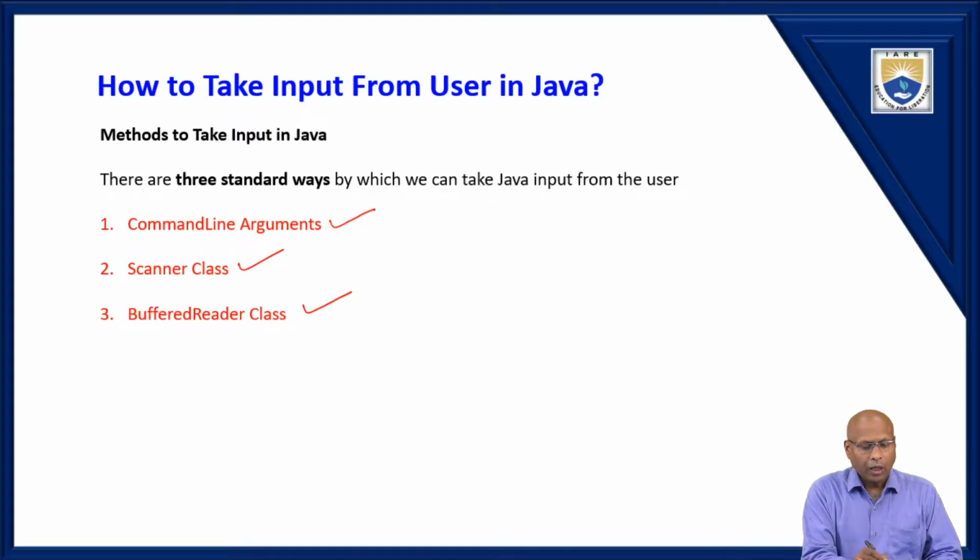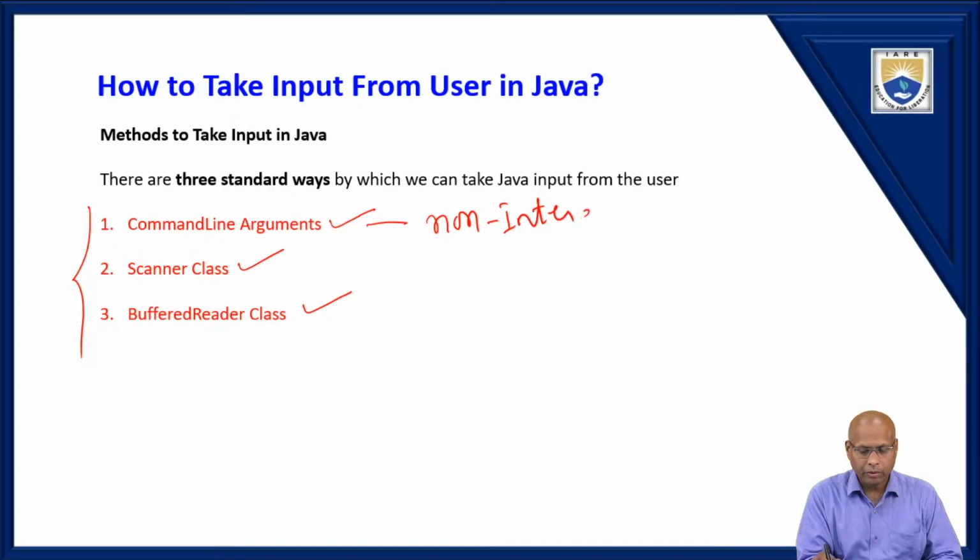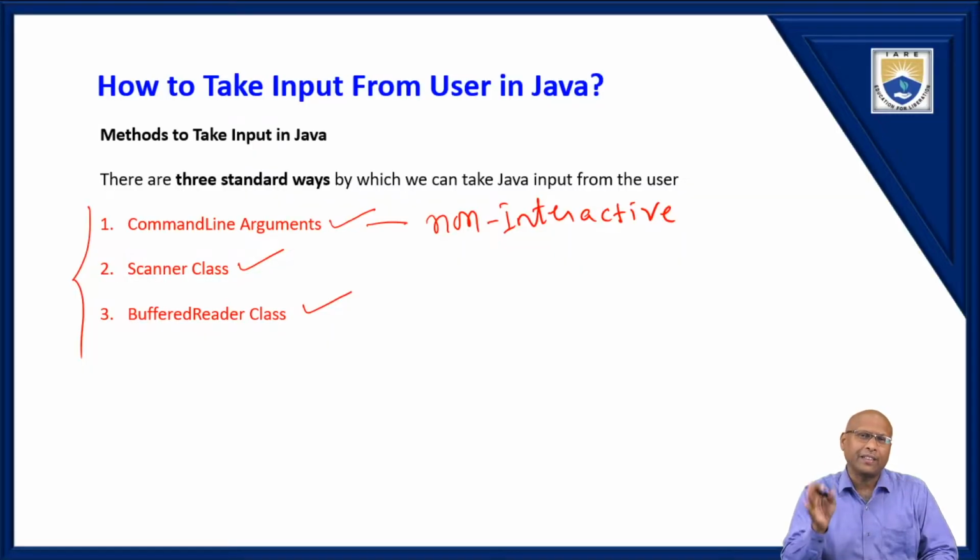Out of the three, some are interactive and some are non-interactive. The first one is non-interactive. That means at a time you give everything, continuously one by one till the end, and press enter. It will not ask you to enter the first one, the second one, the third one.